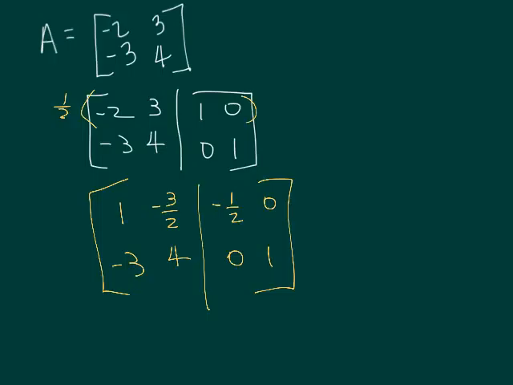And now I'm going to take row 1 and multiply it by 3, so that I can make this into a 0, and you're going to go through the whole Gauss-Jordan elimination there, and you're going to find out that your A to the -1, when you're all done, is going to look like this.